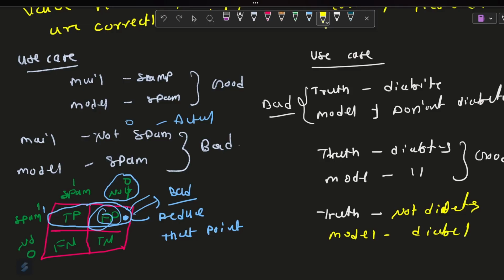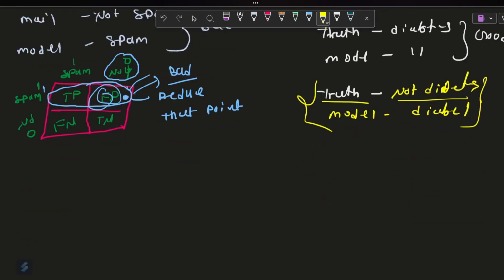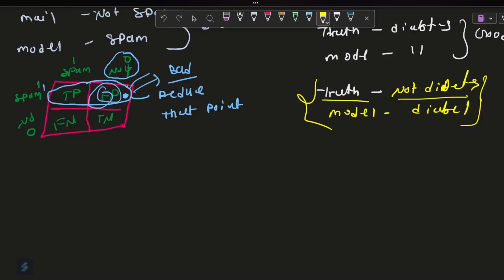That is also bad, but not that much, because it depends on the use case whether to use precision or recall. When a person has no diabetes but goes to the hospital and checks again, that's not much of a problem. In that case, we want to reduce that.